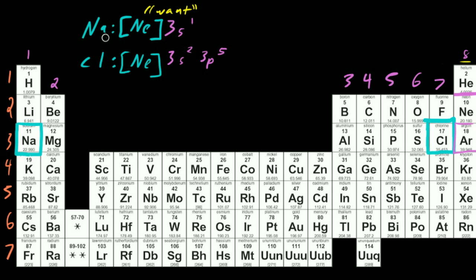If I was somehow able to get sodium and chlorine to react, we know that there is a very strong force, and we keep using this word want, and I'll talk more about why we keep using the word want, but we know that both of these elements want really bad to have noble gas-like electron configurations.